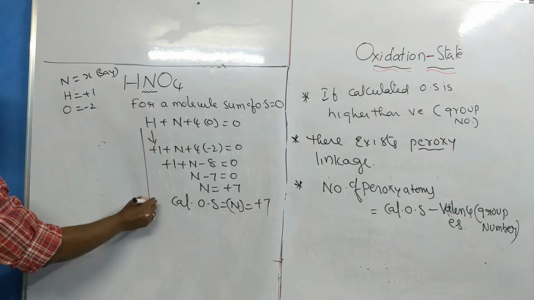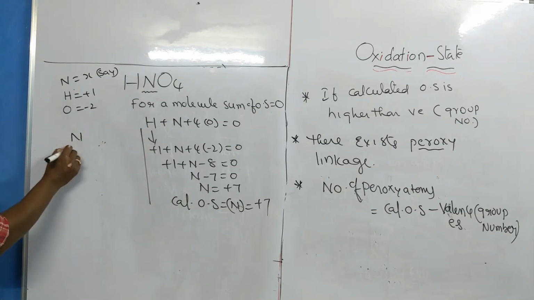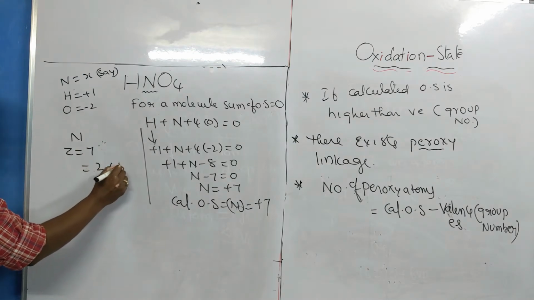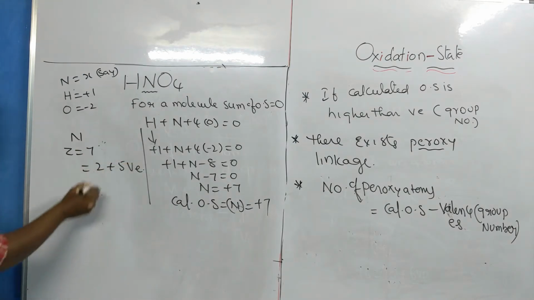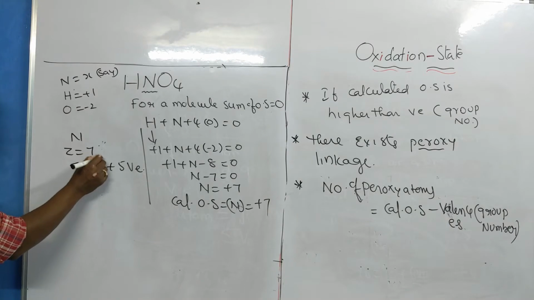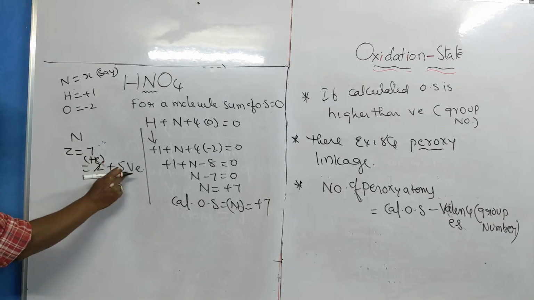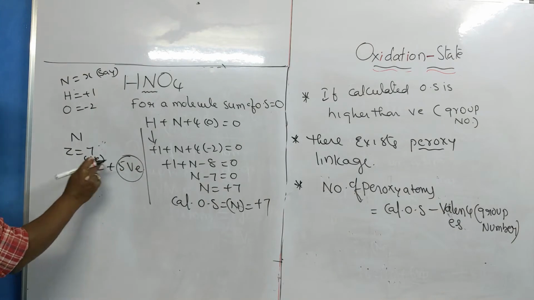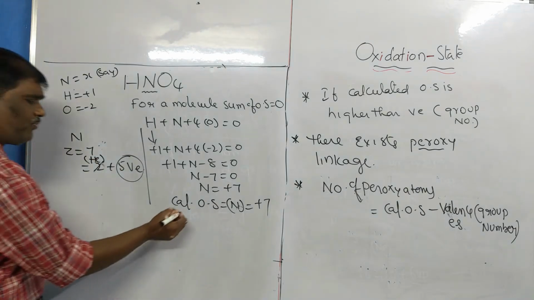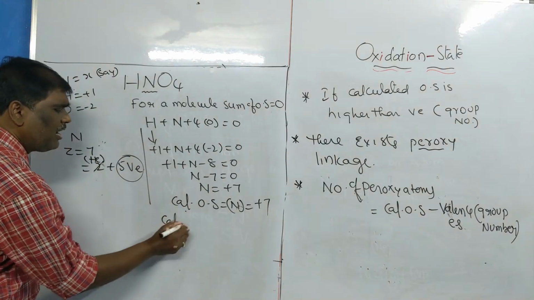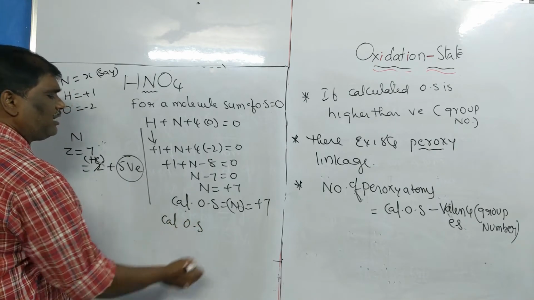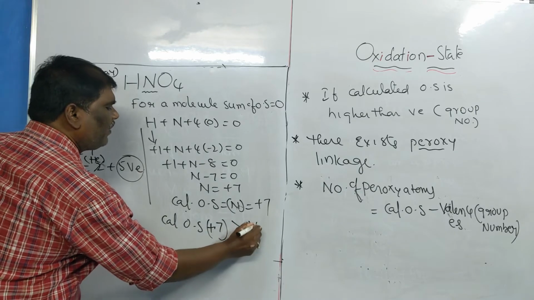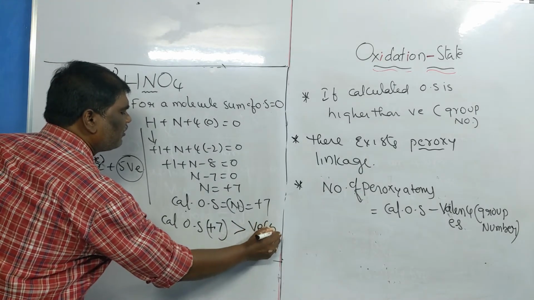Now what about nitrogen? Nitrogen's atomic number is 7. It has a 2 plus 5 electronic configuration. 2 represents what? Helium. Along with helium, it has 5 valence electrons. That means the maximum oxidation state is +5. Here we say the calculated oxidation state 7 is higher than the valence electrons.